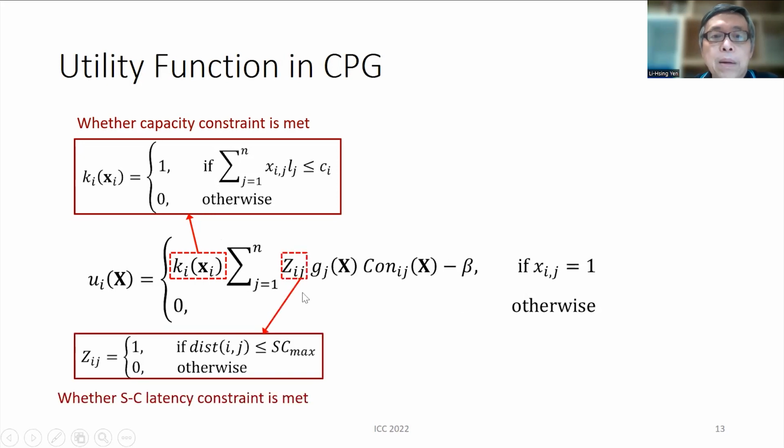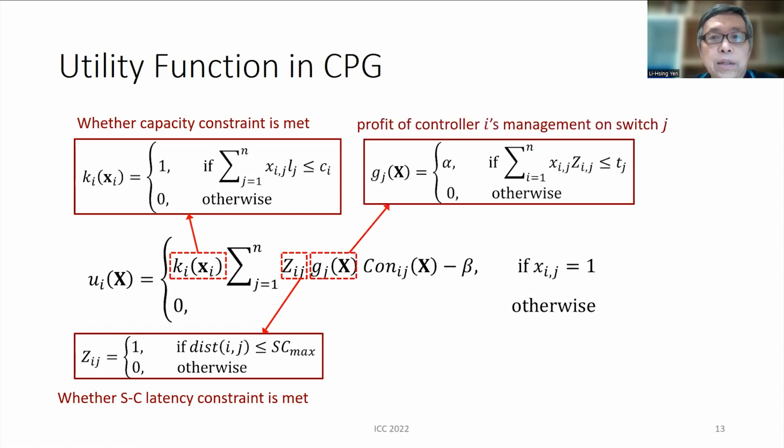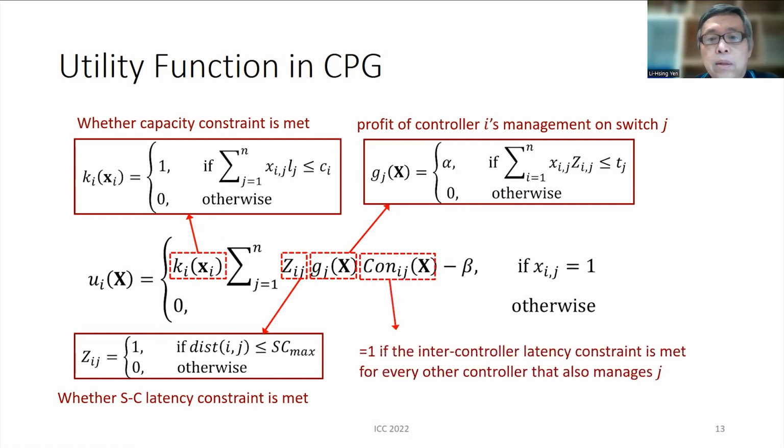But we should also meet the switch-controller latency, and if the constraint is met, then we could earn the profit alpha here. Another constraint is about the inter-controller latency. Beta here represents the cost, which is less than alpha.